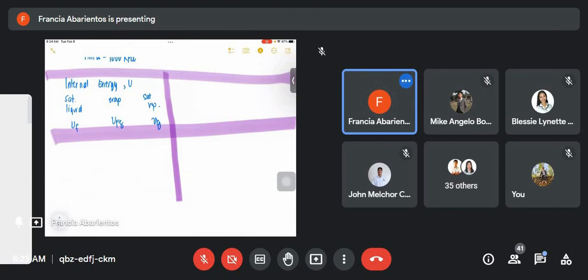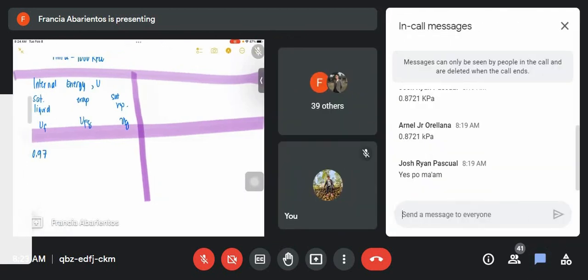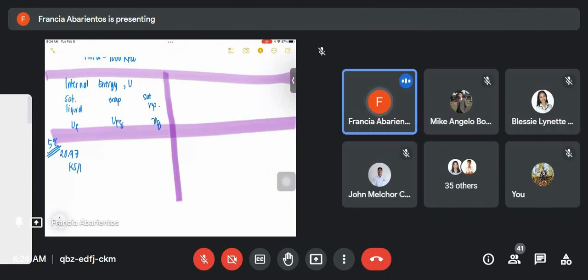We have 20.97. Ang reference natin, class, is 5 degrees Celsius. That is the saturated temperature. So we have 20.97 kilojoule per kilogram mass. Tama ba si ma'am?